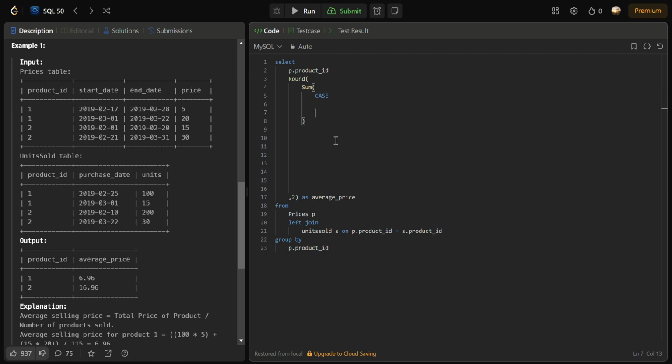In the case, we'll check when your purchase date is between your prices table start date and prices table end date.